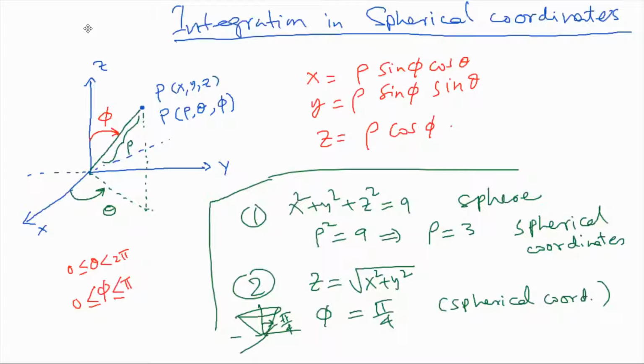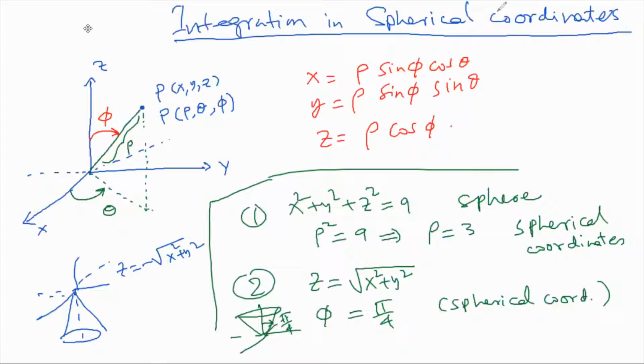And if you want to do the same cone but at the bottom, what would be the equation? If you have the bottom like this, the equation is z equals negative square root of x squared plus y squared.